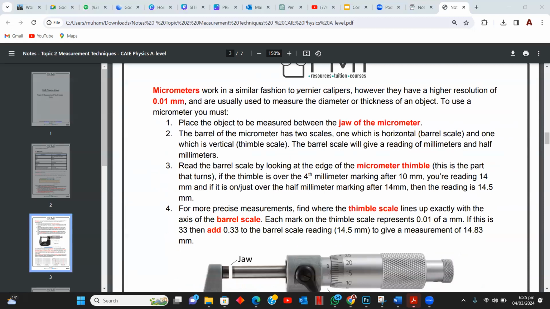Now, when it comes to micrometers, the only difference over here is that their resolution is a bit higher, at 0.01 mm. And usually, micrometers are used to measure the diameters or thickness of objects. अब diameters कैसे measure हो सकते हैं?